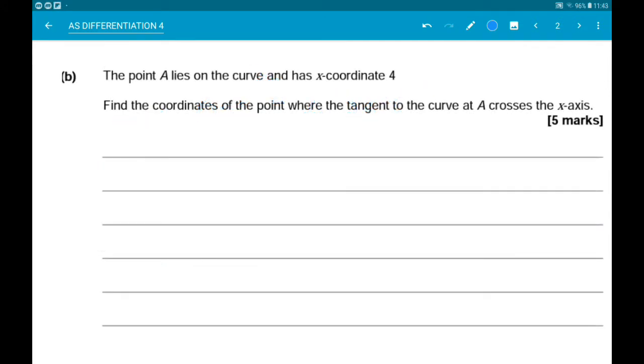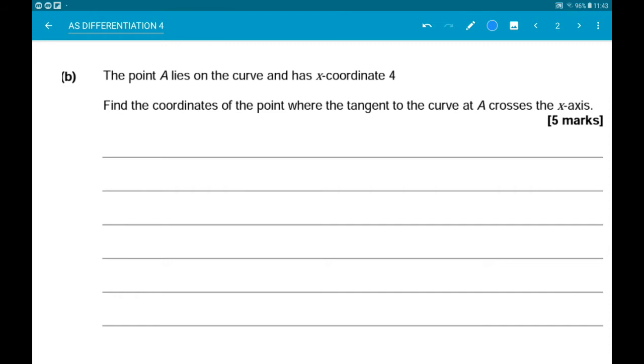Okay, then for part B, the point A lies on the curve and has x coordinate 4. Find the coordinates of the point where the tangent to the curve at A crosses the x-axis. Okay, so to be able to do that, we are going to need to know the equation of the tangent.